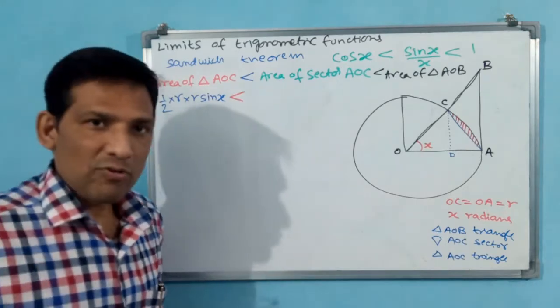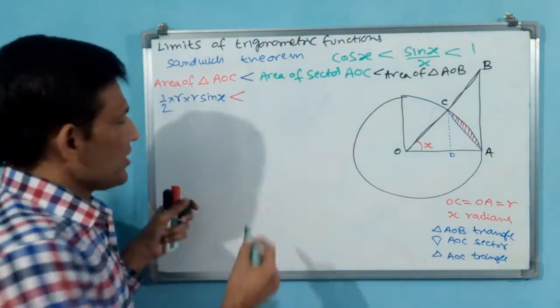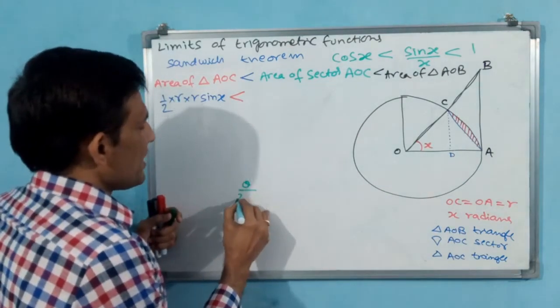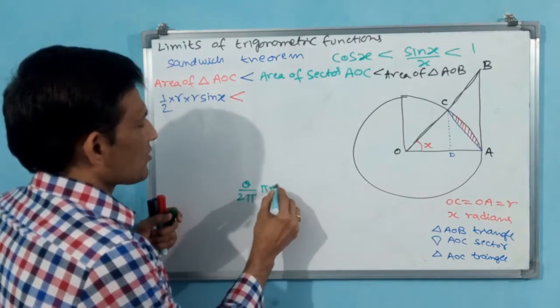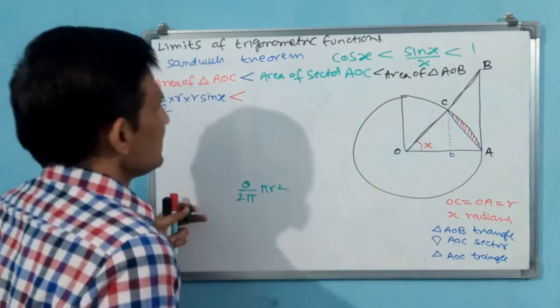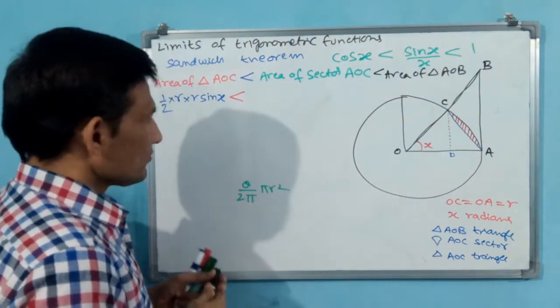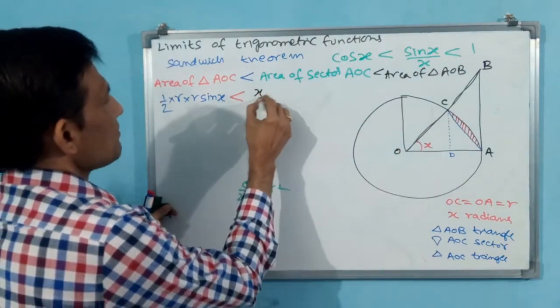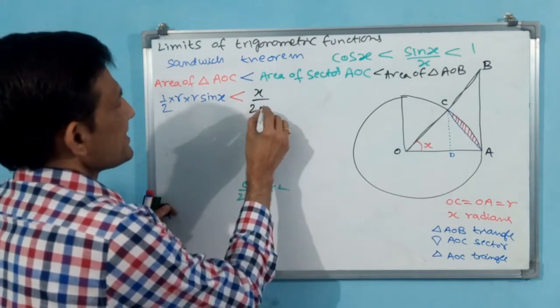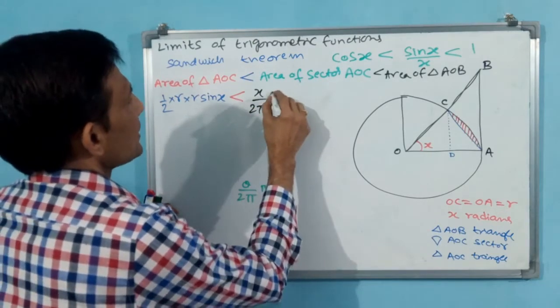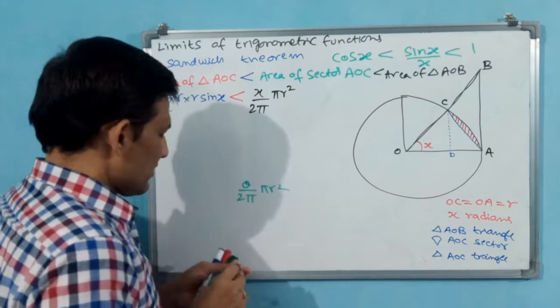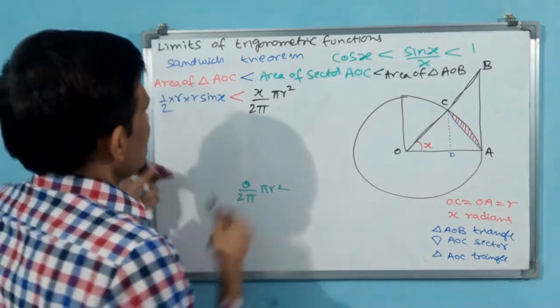Area of sector, just now I have told, is theta by 2 pi into pi r square. Here theta is x. X by 2 pi into pi r square. Is it okay? Definitely okay.